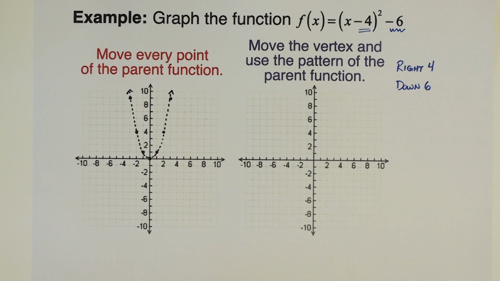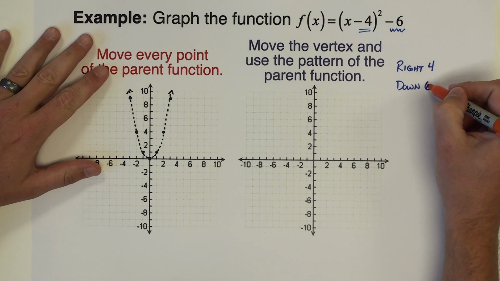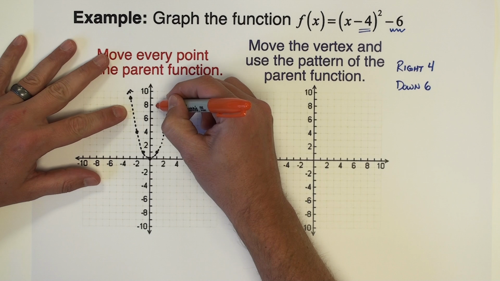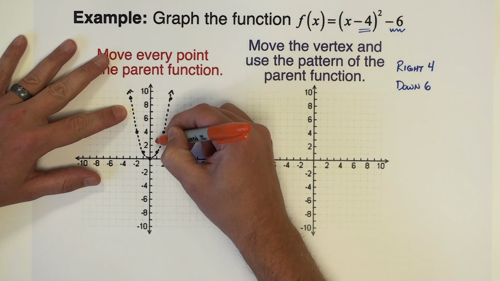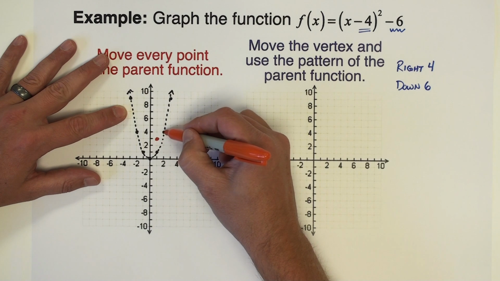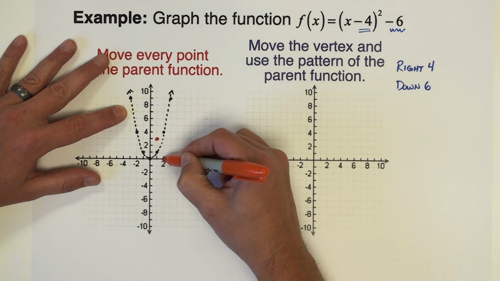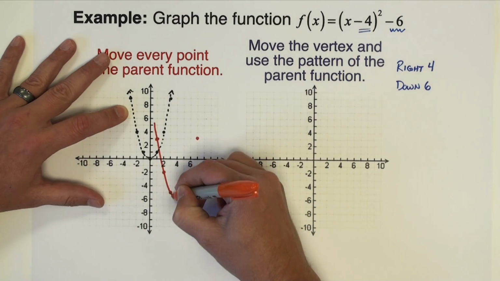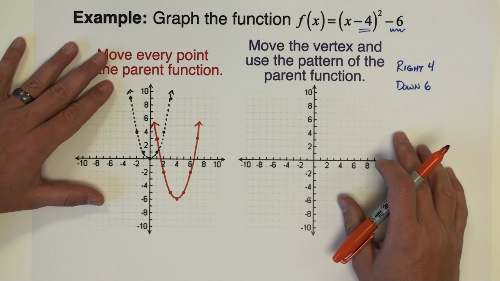So if we just do what we have practiced in the past, we simply need to take every point and move it right 4 and down 6. So this point, 1, 2, 3, 4, 1, 2, 3, 4, 5, 6. I'm going to do that to all the points. 1, 2, 3, 4, 1, 2, 3, 4, 5, 6. And there we have it.